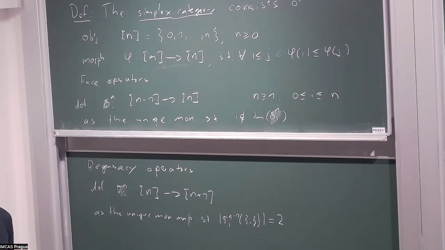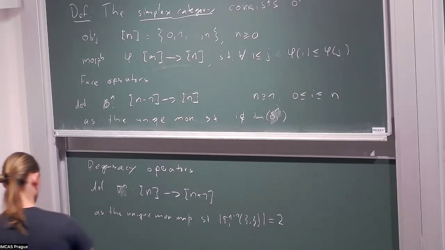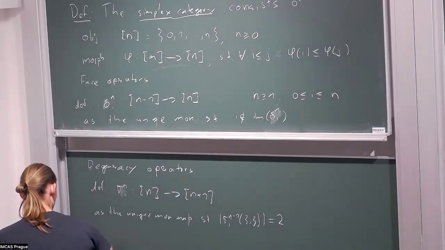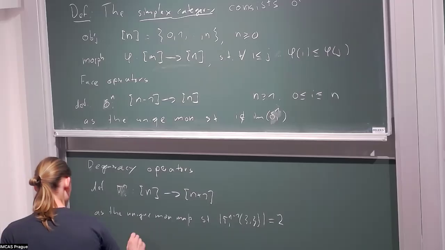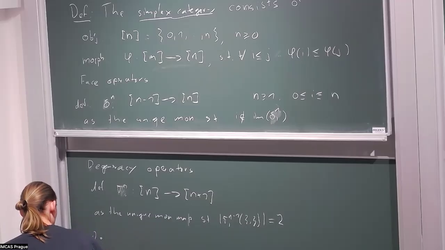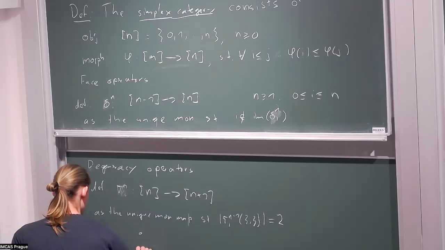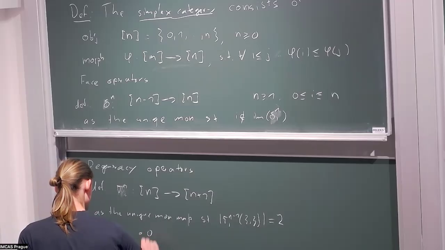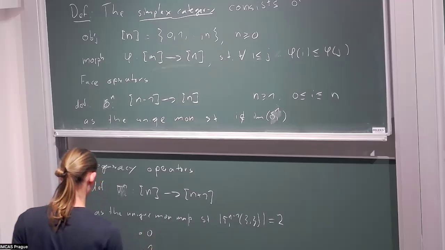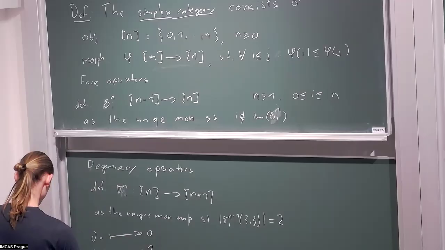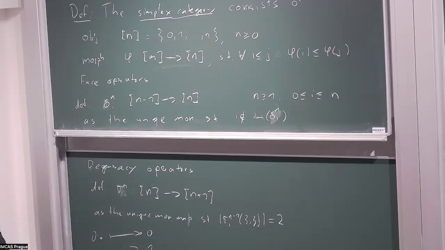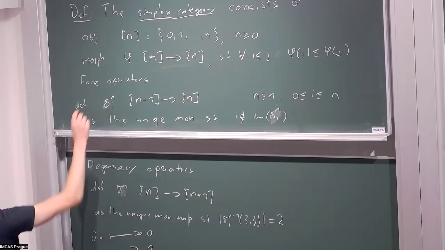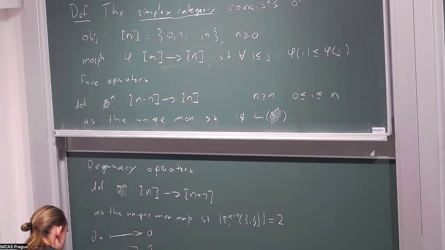For delta_i, I will draw a picture. For the face operators, we imagine we have a map from the object 2 to the object 3, and I can draw how this face operator d_2 looks like.